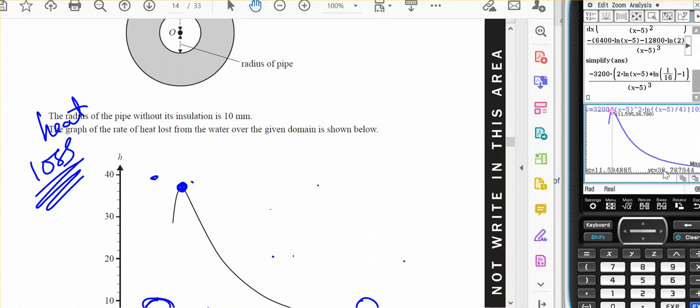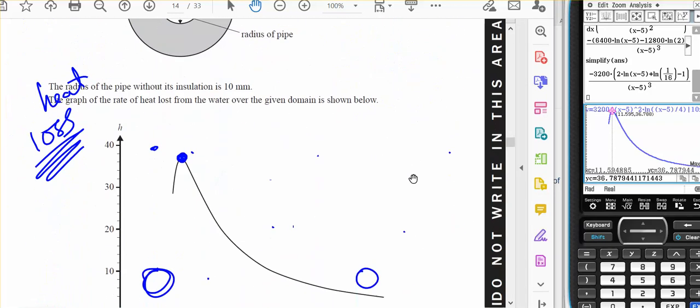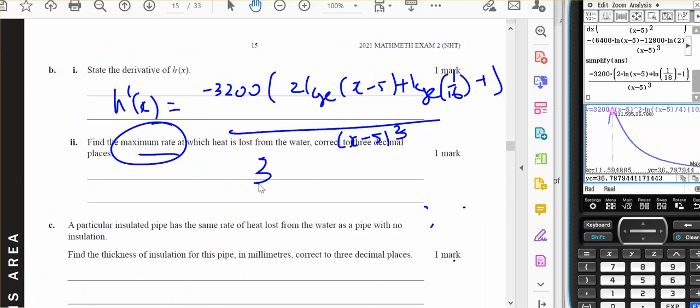And there it is, 36.787944. To 3 decimal places, 36.788 will be my answer.